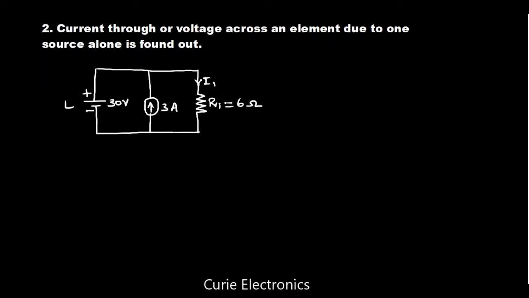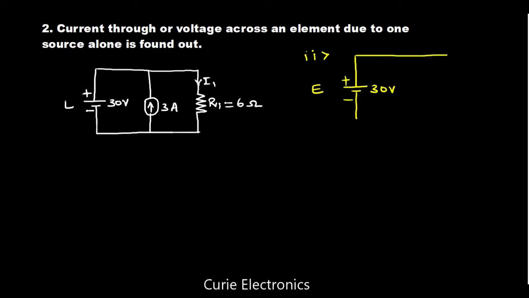Next we will consider voltage source as the active source, and we will replace the current source by its internal resistance. So what is the voltage? 30 volt.